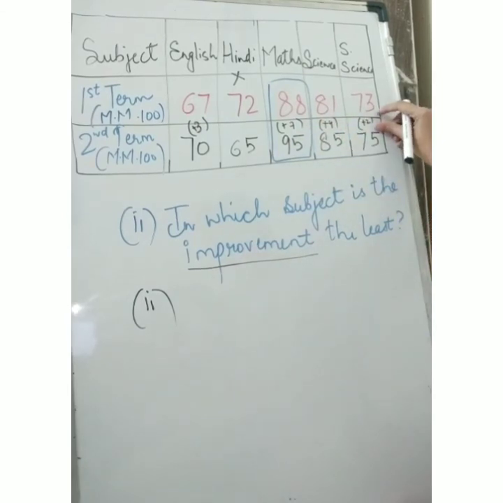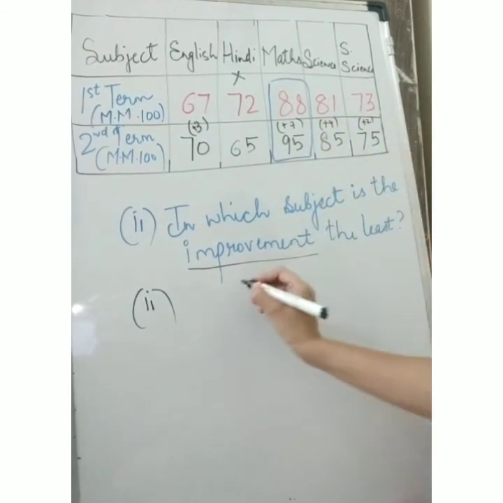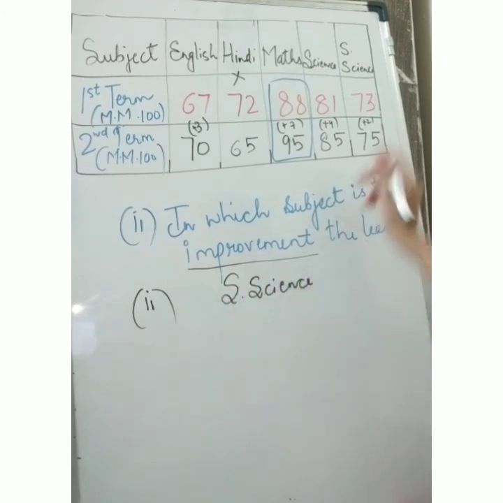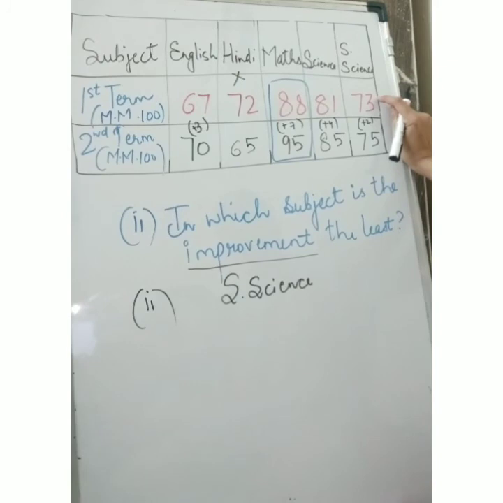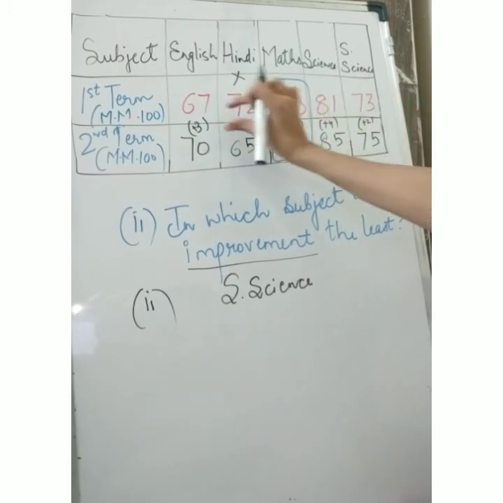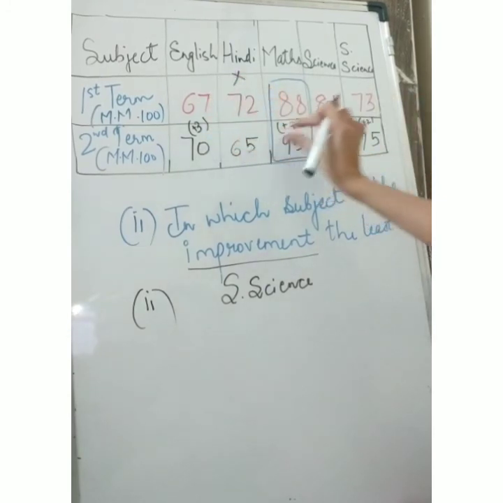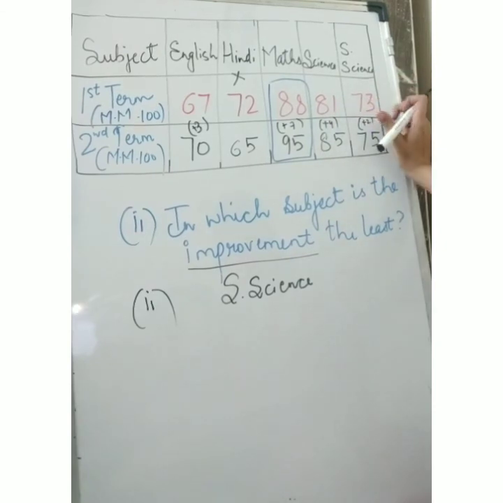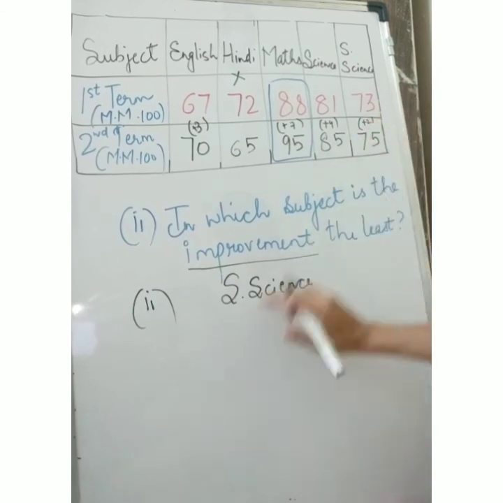So this is plus 2. This is the least marks. So I will write S sign. Why have I written the S sign? Because the student in the first term got 73 and in the second term 75. Only plus 2 marks has improved. Here plus 3 marks has improved, here plus 7, plus 4, and here plus 2. So we are talking about improvement. So less improvement in which subject, student? Science or social science.